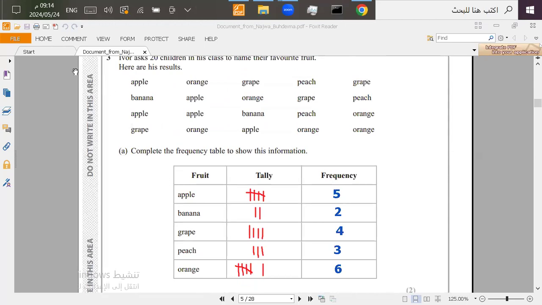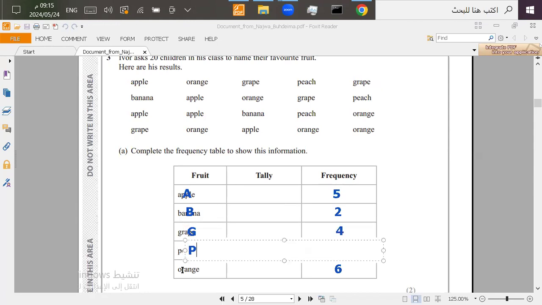Let's erase the tally. Let's write letters for each one of them. These are the apples. So apples, bananas, grapes. We're gonna use letters with them. Peach, you already know what they are, and orange. Okay. Now, when you do it, use the full name. But I'm doing this just to save some time.